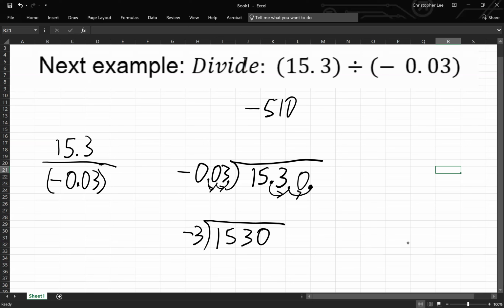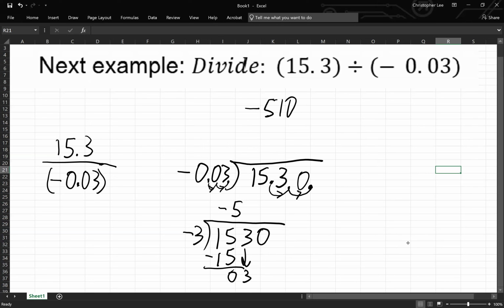Then just do your long division. -3 goes into 15 how many times? -5 times. -3 times -5 is +15, and then we subtract that. That's 0. Bring down your 3.